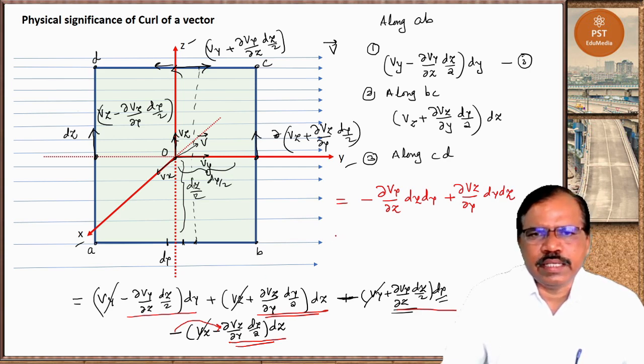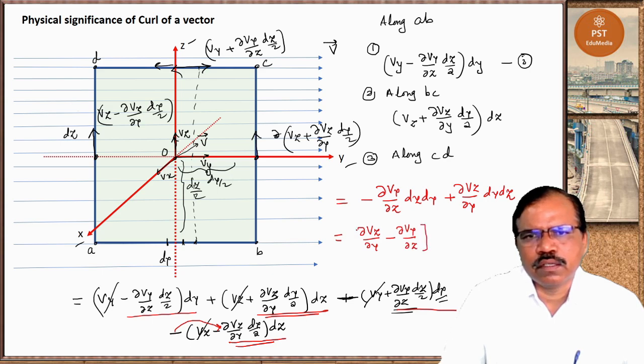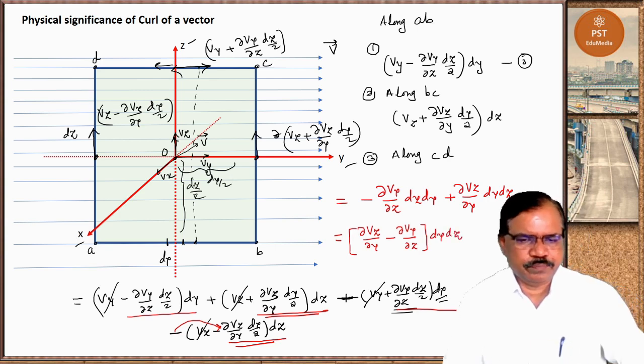So we get ∂Vz/∂y minus ∂Vy/∂z multiplied by dy dz.